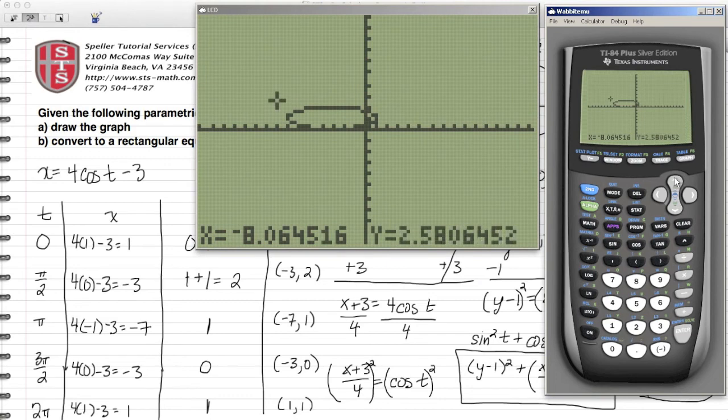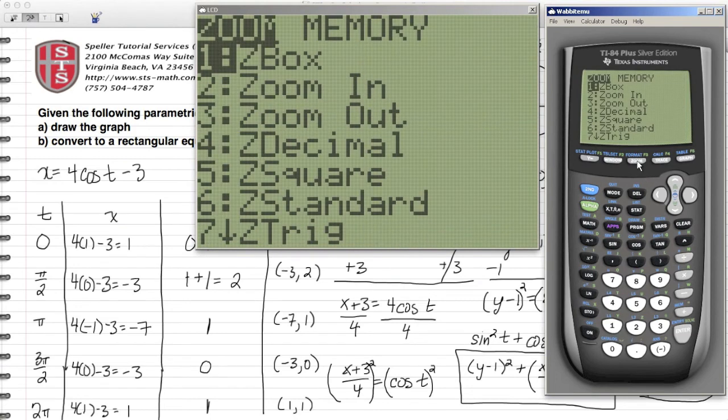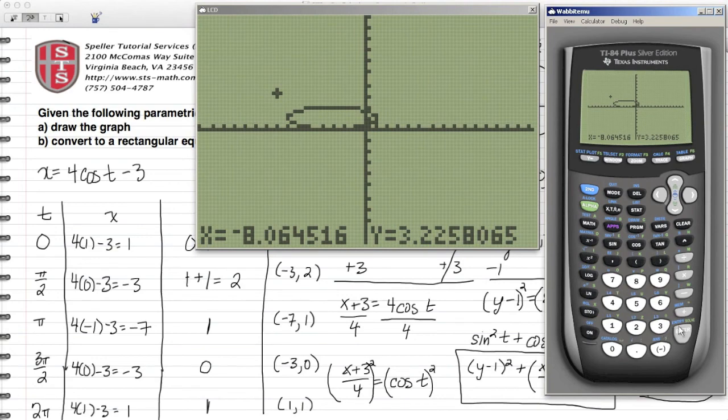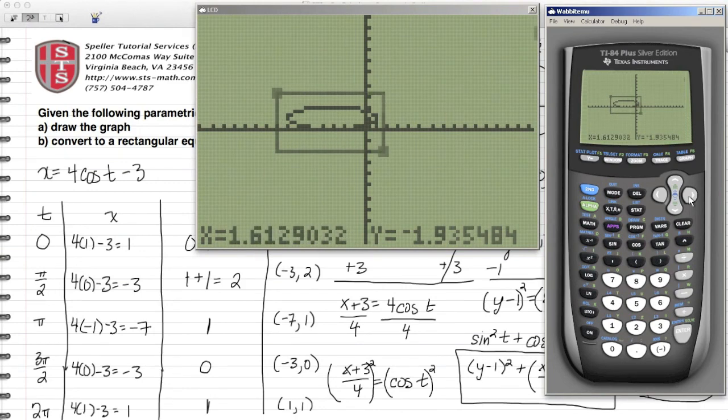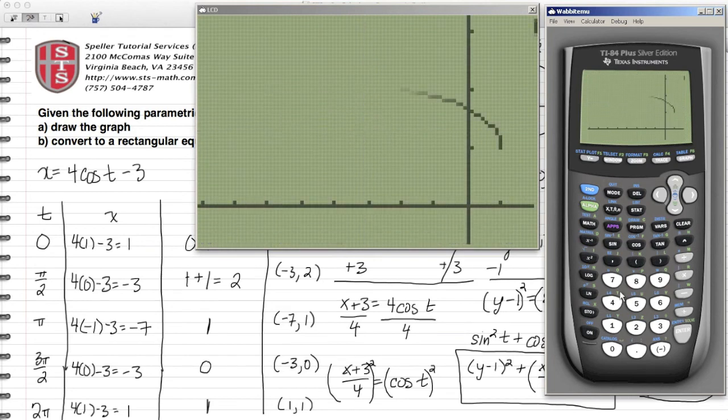Oops, that should have allowed us to create a box. Let's try that again. Let's go to zoom and let's do 1 for zoom box. So let's click enter, scroll down, and then scroll right. So now when we press enter again, the calculator is going to zoom in on the box we've created here.